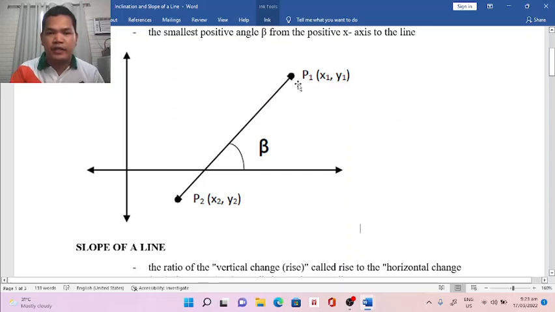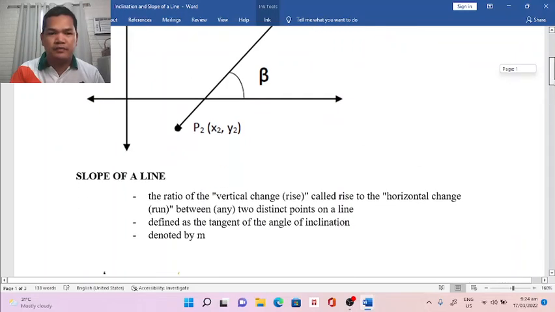The coordinates of P sub 1 are x sub 1 and y sub 1, while P sub 2 has coordinates x sub 2 and y sub 2. And here is the smallest positive angle beta, which is formed by the line from the positive x-axis.